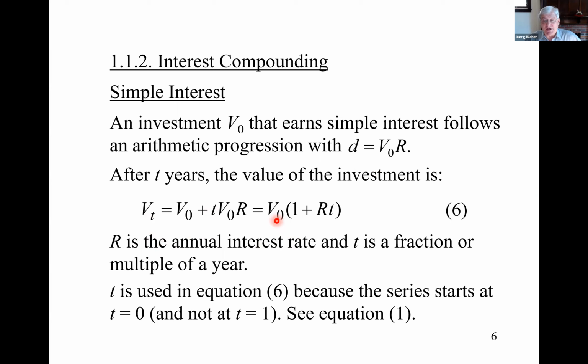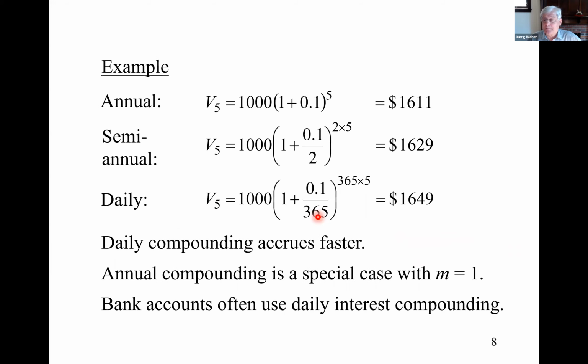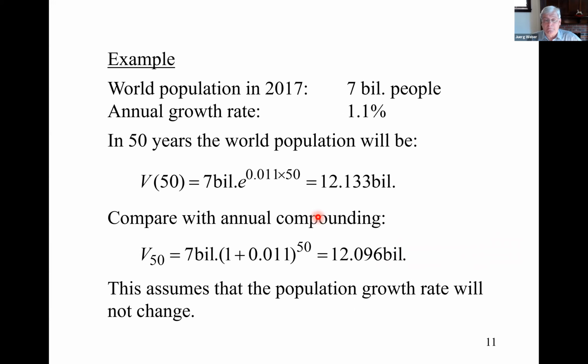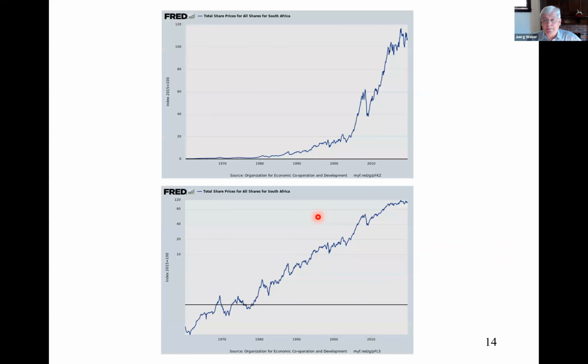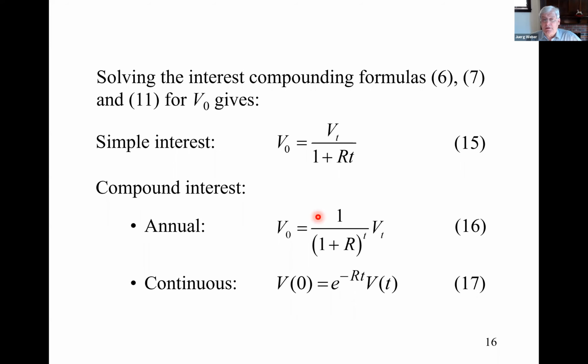And now you just rearrange the formula, solve it for V0, then V0 will be Vt divided by 1 plus Rt. So V0 is just Vt divided by 1 plus Rt.